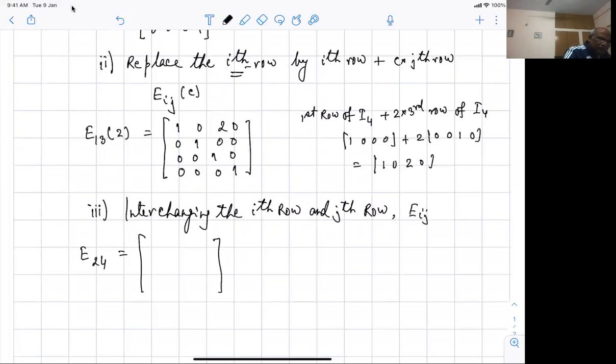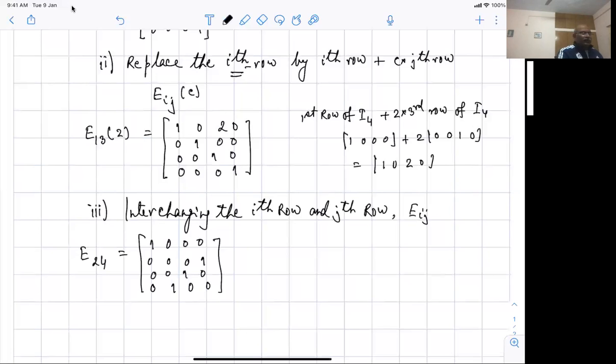So the fourth row of identity is this, and the second row of identity is this. They are supposed to be at the second row and the fourth positions. So my first row is still the same. There is no change in the first row and no change in the third row. All right. So these are the elementary matrices of three kinds that I have here.